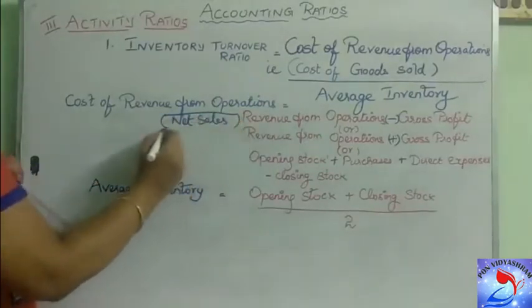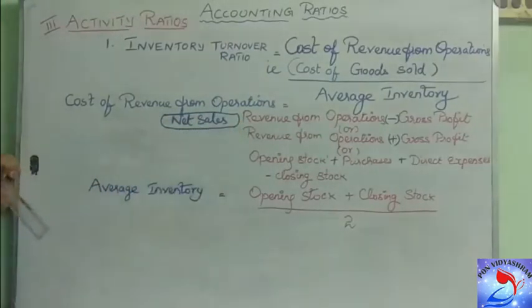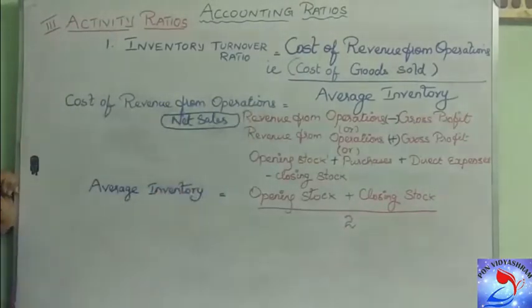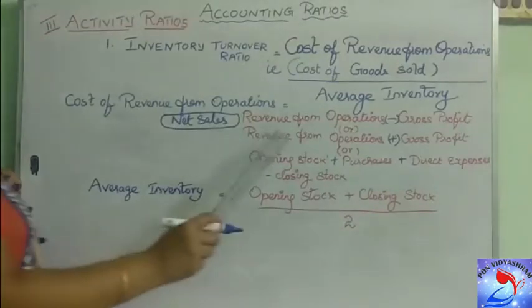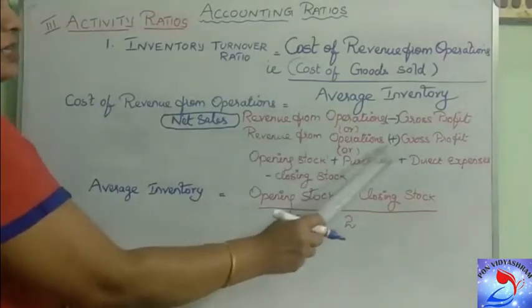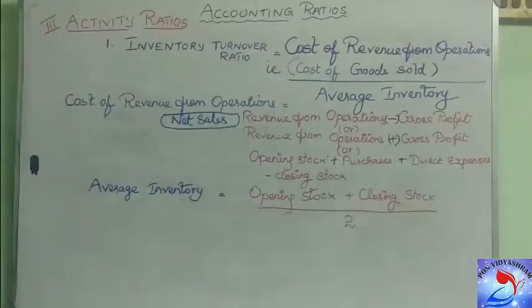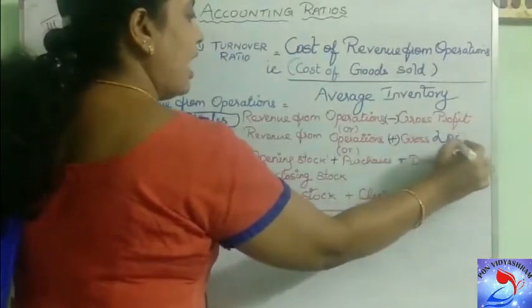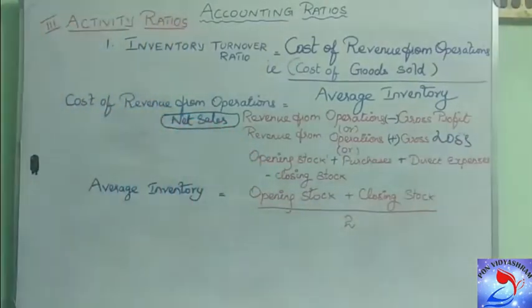So revenue from operation minus gross profit gives you cost of revenue from operation, or revenue from operation plus gross loss. If they have given you gross loss, you add the gross loss to the revenue from operation.